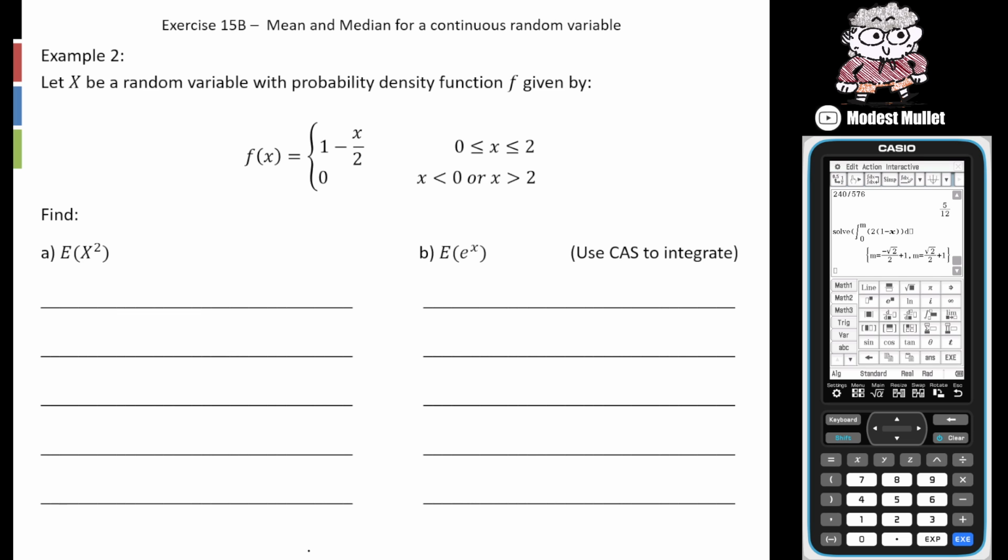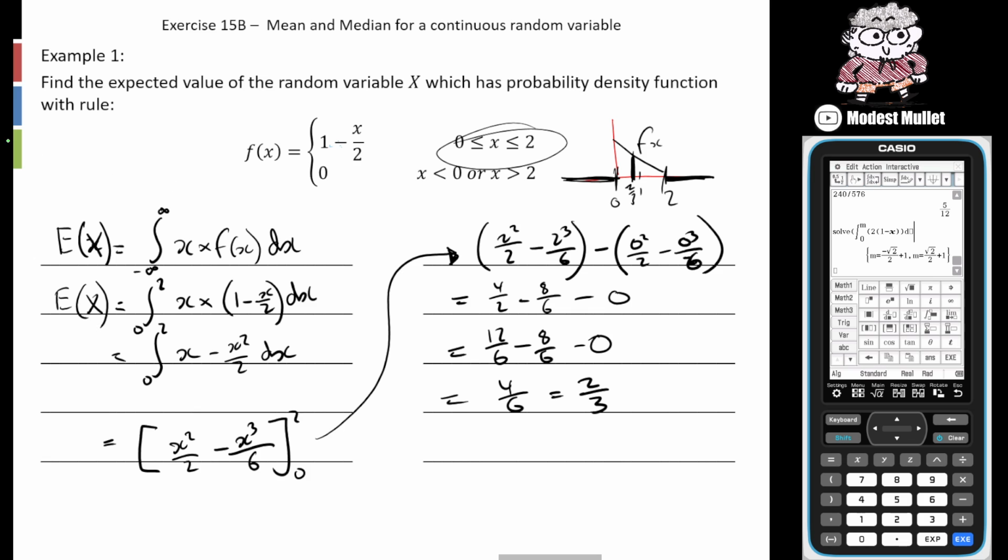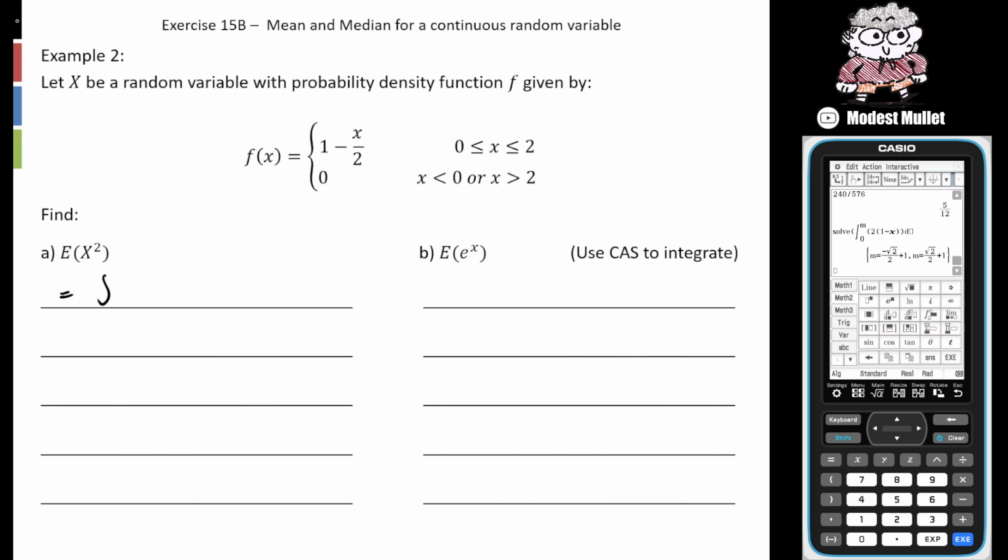So let's jump in again, continuing to use our function that we have. The expected value of x squared is going to be equal to the integral between, I'm going to shortcut a few steps. I'm not going to worry about writing it first with negative and positive infinity. Let's just jump straight into, we know we're restricted to 0 to 2.